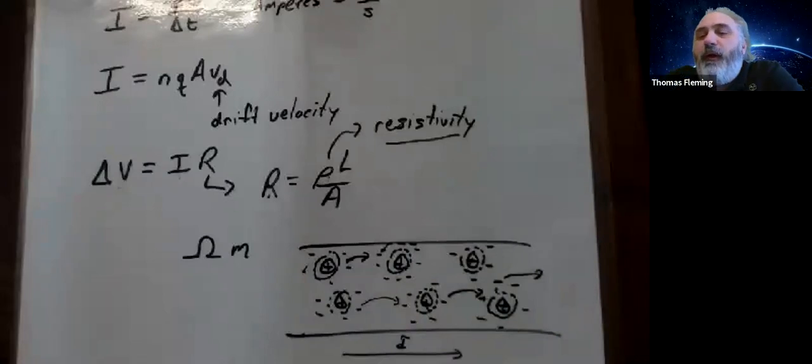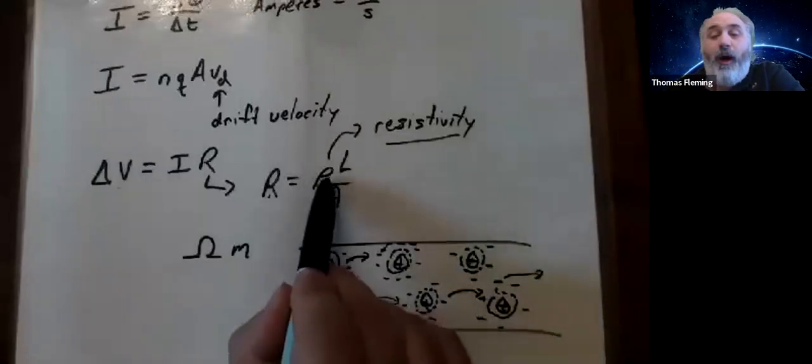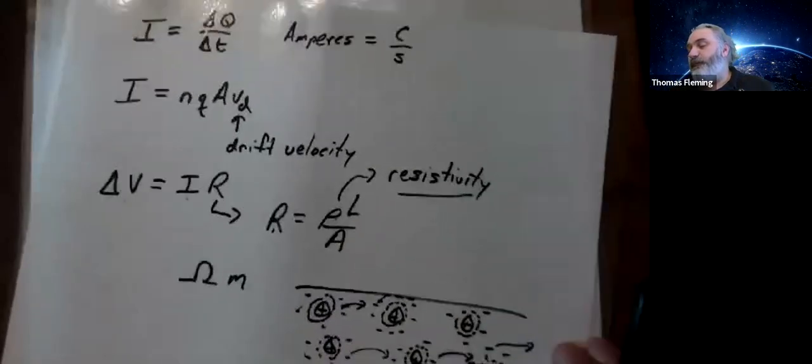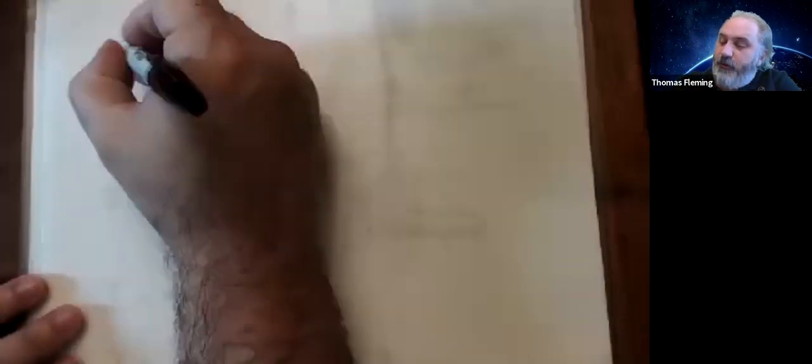And so, depending on the nature of your material, the temperature of the material could make the resistivity go up, or it could make it go down. And the way that we're going to model that is with this relationship.